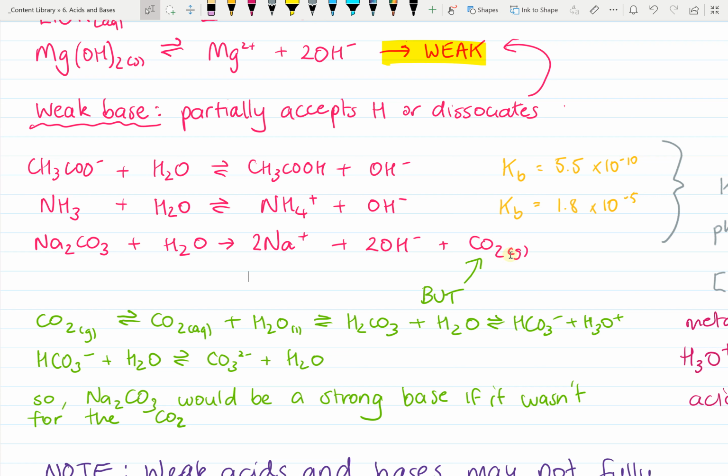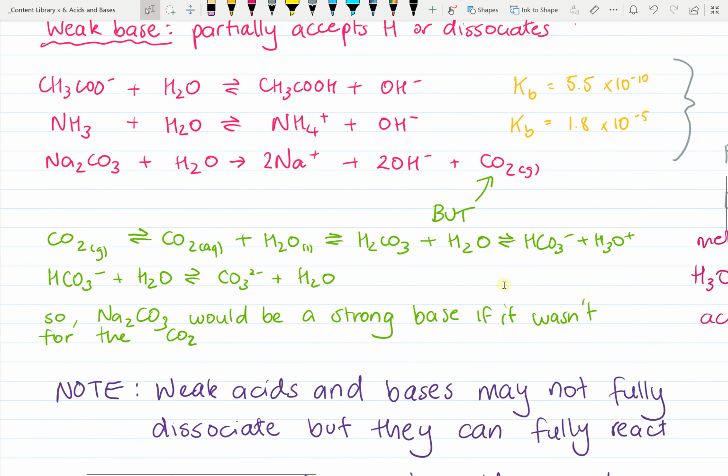It goes high, but moderately high instead of really high. So to be very clear, sodium carbonate could be or should be a strong base if there wasn't carbon dioxide. However, there is carbon dioxide, and so it's not a strong base. No one tries to catch you out on that. That's just an FYI.